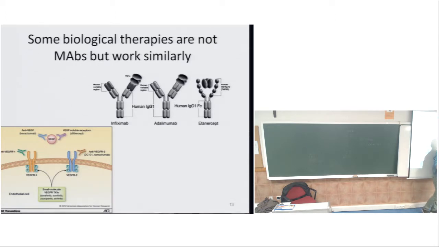Here, etanercept is also targeting TNF, but instead of using the variable region of a monoclonal antibody, we use a receptor, the TNF receptor. By recombinant DNA, we can cut pieces of DNA and put together one piece coding the Fc portion of the immunoglobulin and another part of the gene coding the receptor of TNF. So this is another way of binding targets, of binding ligands.